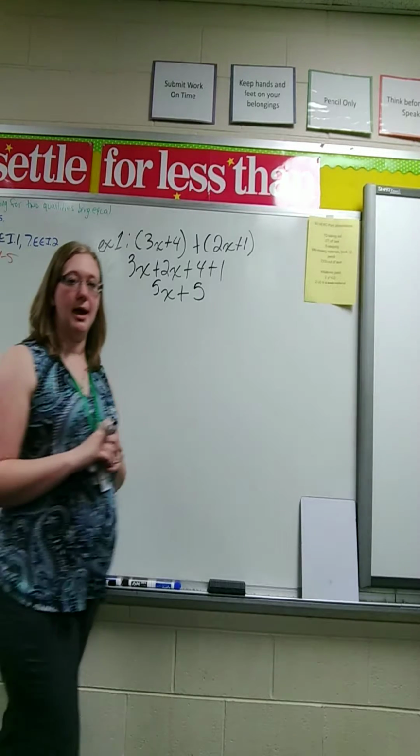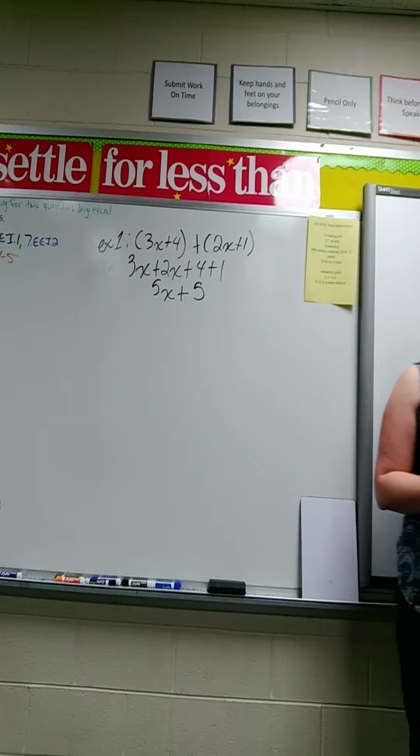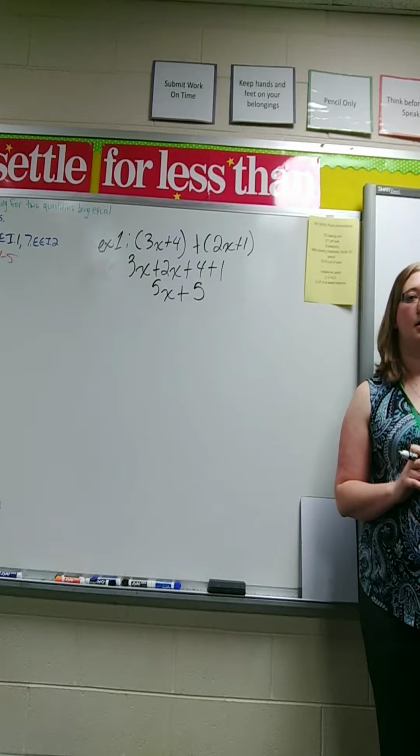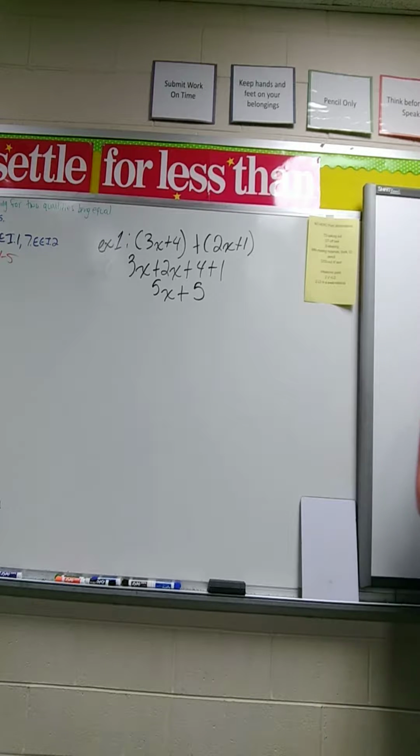What questions do we have? Yes? I thought you said that if it was like 3x on one side and then 2x on the other, you couldn't combine them because it was two different.